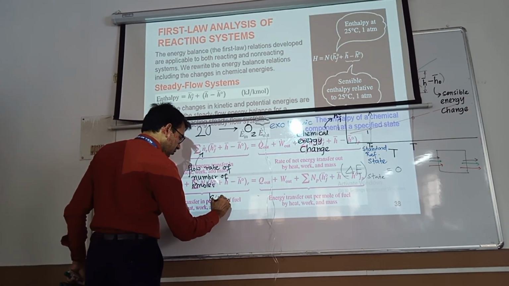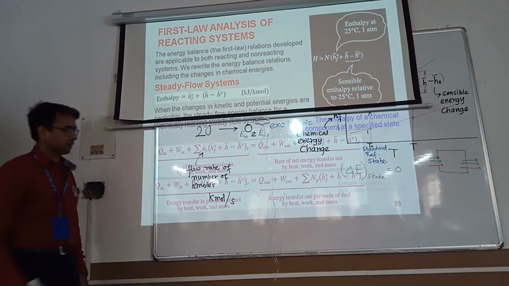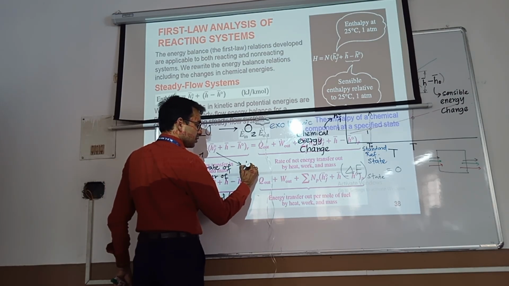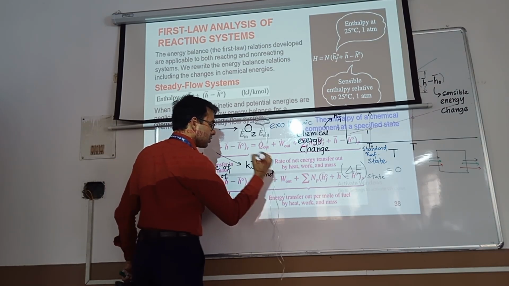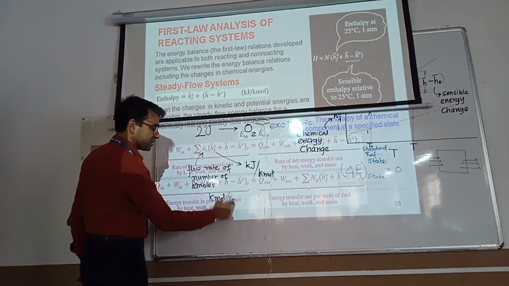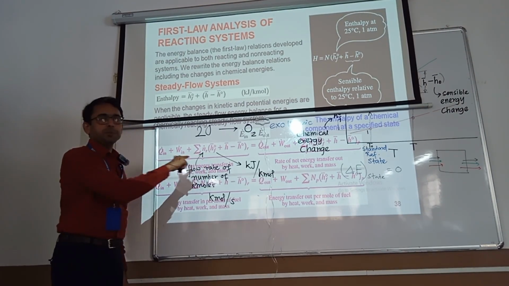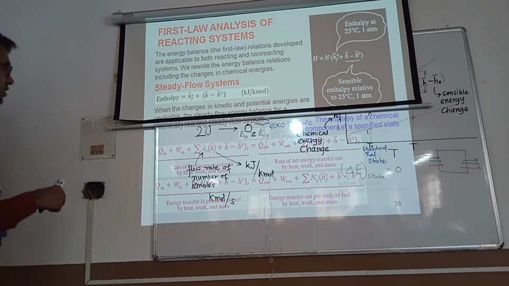Kilomole per second. What is the unit of this? Kilojoule per kilomole. So when I multiply these two, it becomes kilojoule per second. So that is simply the rate of enthalpy transfer. That is an extensive property, rate of enthalpy transfer.